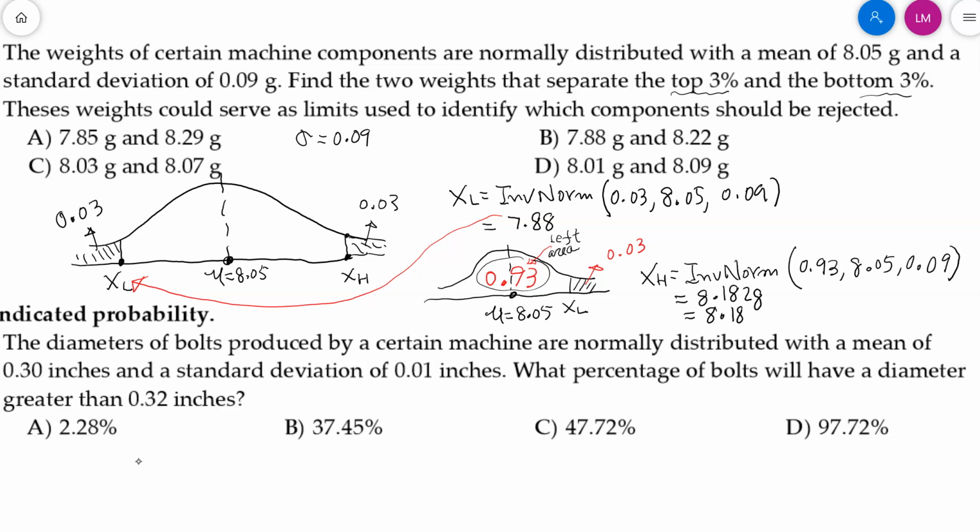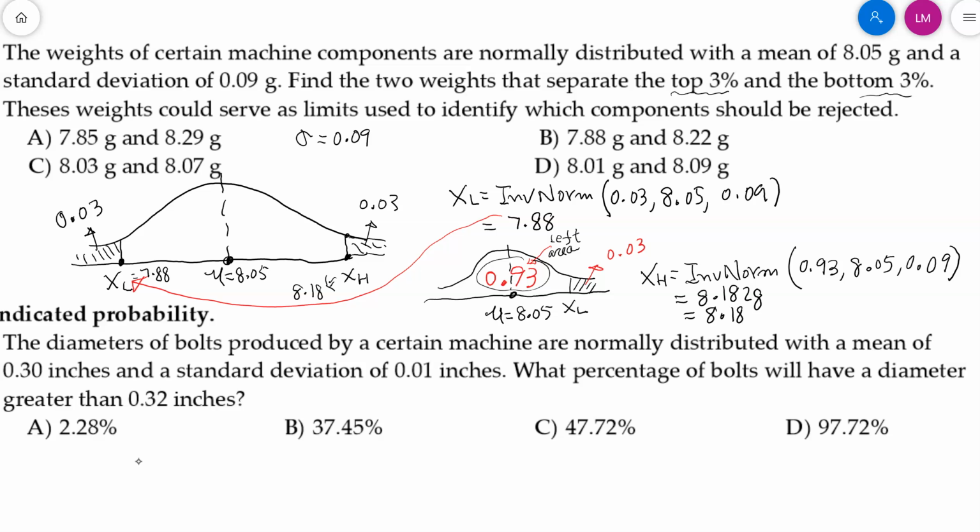So this is 7.88, and this X high is 8.18. Do we have those two numbers? Wait a minute. We got 7.88, but I got 8.22 in the answer choices. Is something wrong? Inverse norm 0.93.